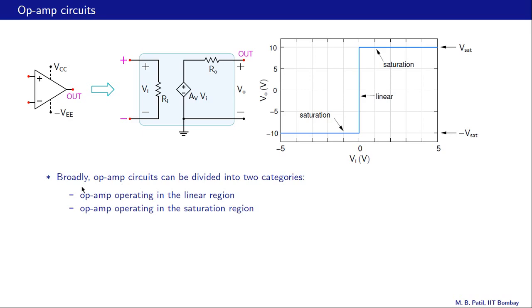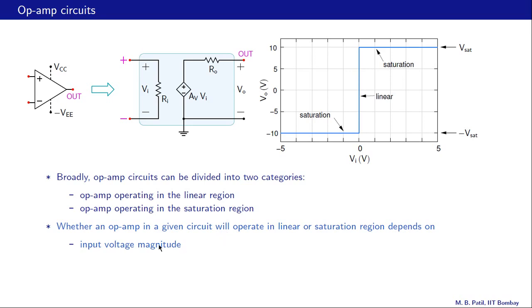Now broadly, op-amp circuits can be divided into two categories. Op-amp operating in the linear region, one category. Op-amp operating in the saturation region, second category. And in this course we will have a chance to look at both types of circuits as we proceed. Now, whether an op-amp in a given circuit will operate in linear or saturation region depends on these two factors.